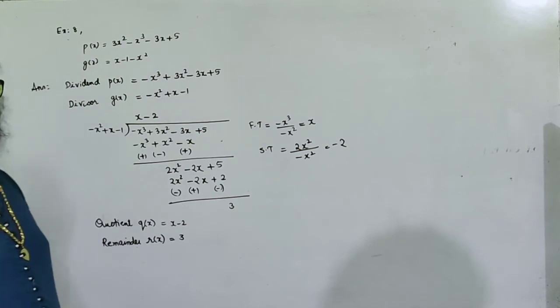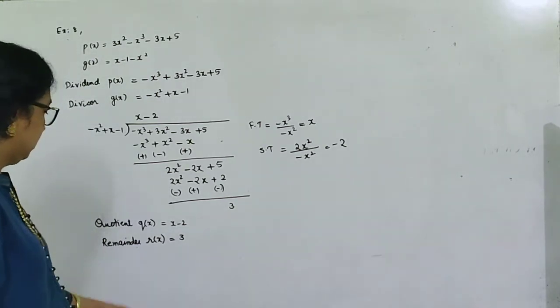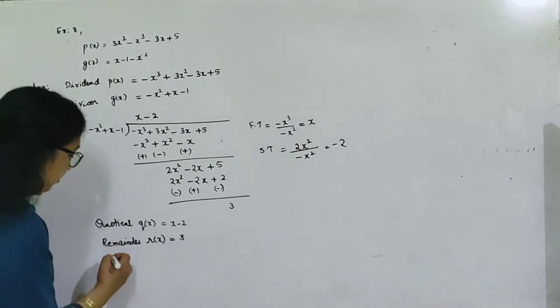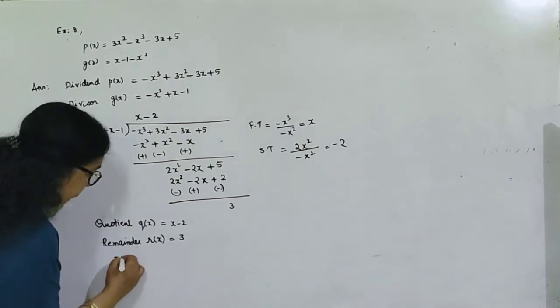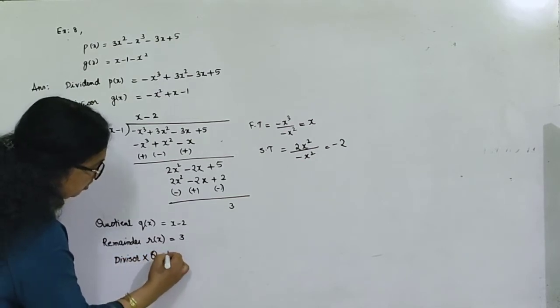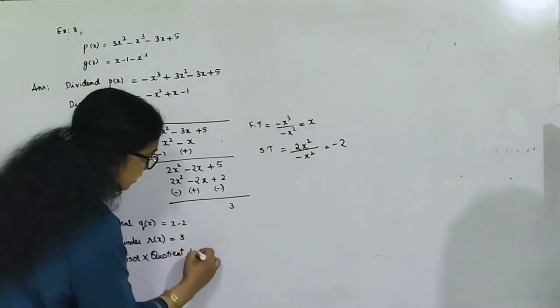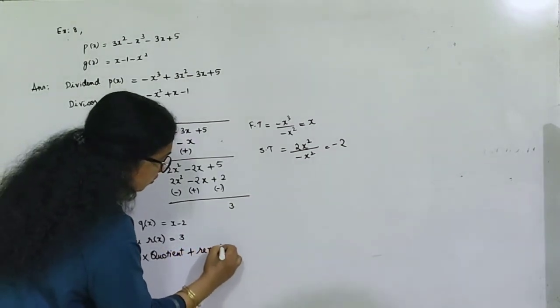Now here we have to verify the division algorithm. So what do we want to get? Divisor into quotient plus remainder. Its value you have to find out.